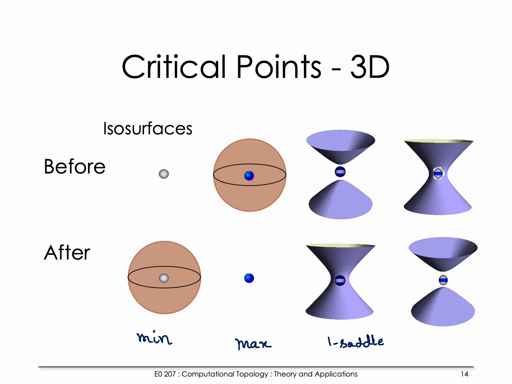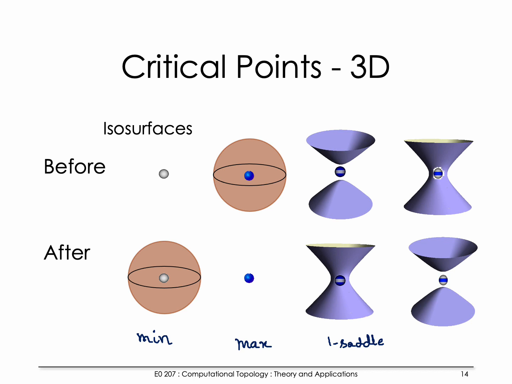It was 1 earlier and it remains 1 because of the way the conical caps were connected. But before you cross the one saddle, you had almost a torus, so there was no tunnel. But after you cross the one saddle, the isosurface is actually a torus, so there is a tunnel.